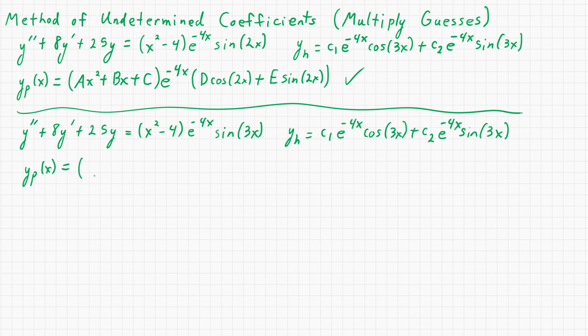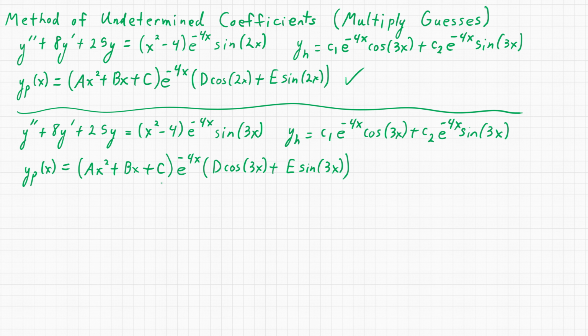If we write this one out, it's ax squared plus bx plus c times e to the negative 4x, and then times d cosine of 3x plus e sine of 3x. Now this one, if we multiply it out, we have two homogeneous solutions.